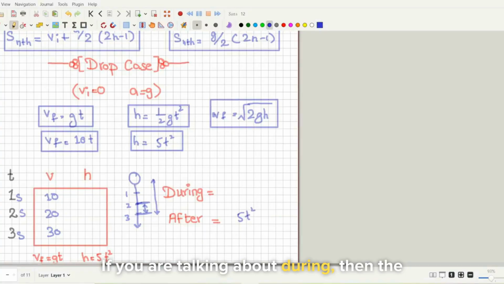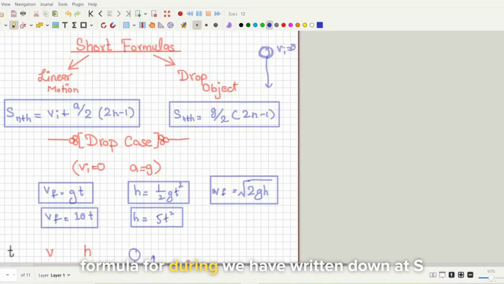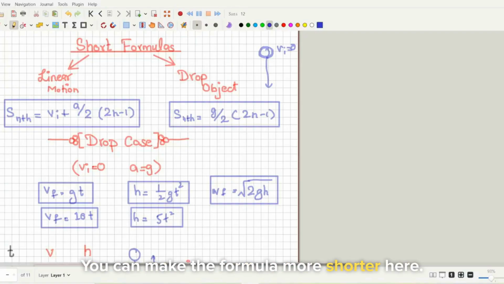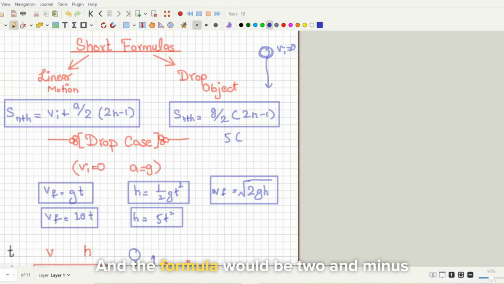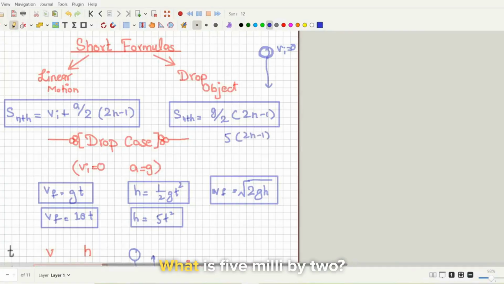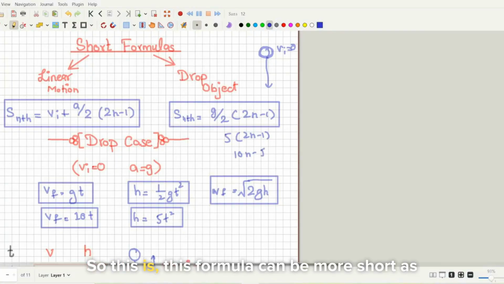If you are talking about during, then the formula for during is s nth equals g by 2 times (2n minus 1). You can make the formula shorter. g by 2, with g as 10, is 10 by 2, which is 5, and the formula is 2n minus 1. What is 5 multiplied by 2? That is 10n minus 5. So this formula is shorter, as you can see here.